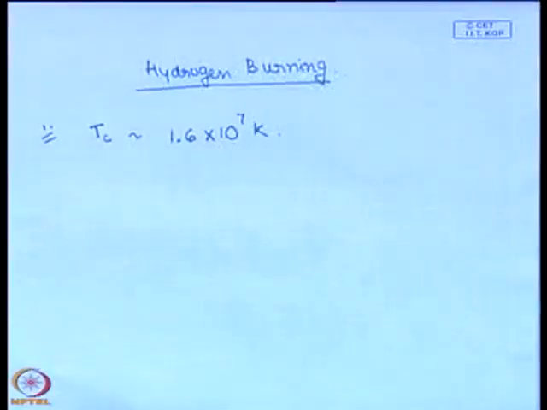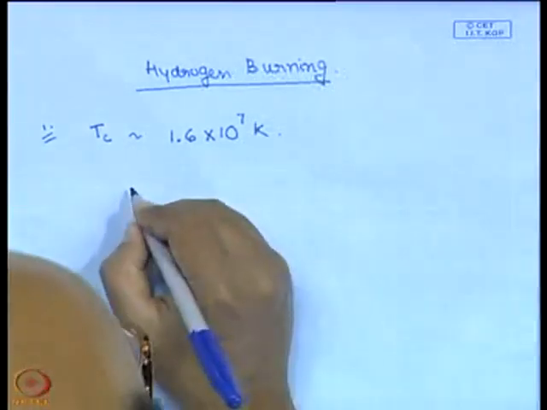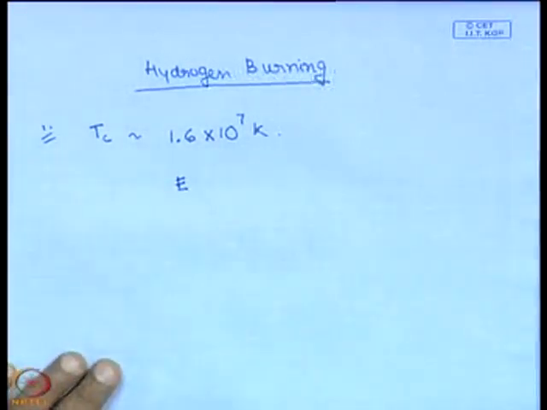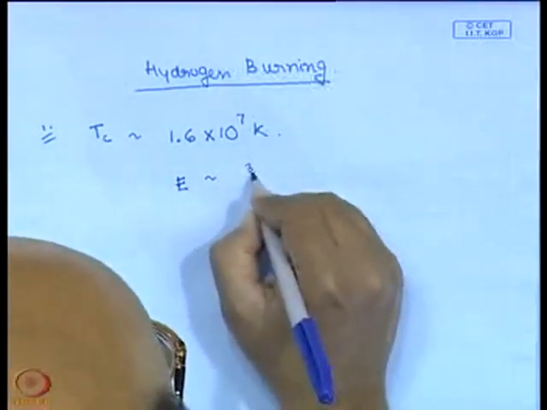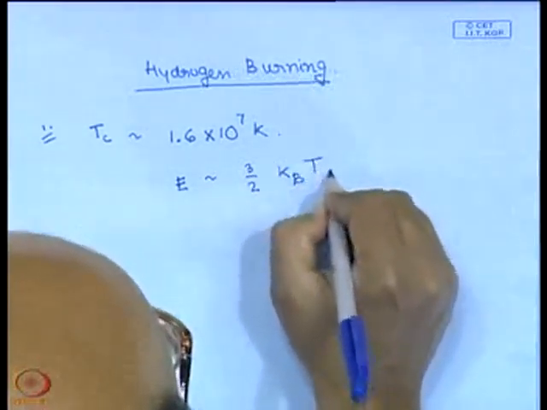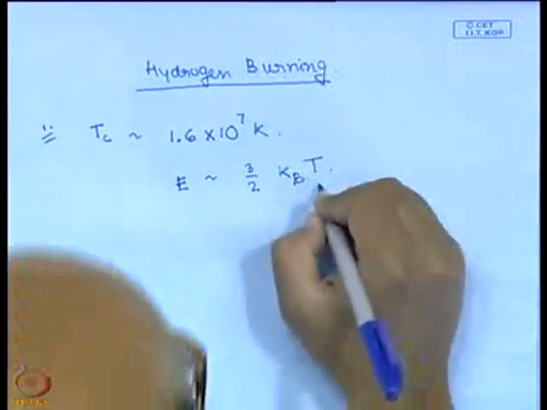We know from kinetic theory that the typical kinetic energy of such a particle is of the order of 3/2 times the Boltzmann constant times the temperature.